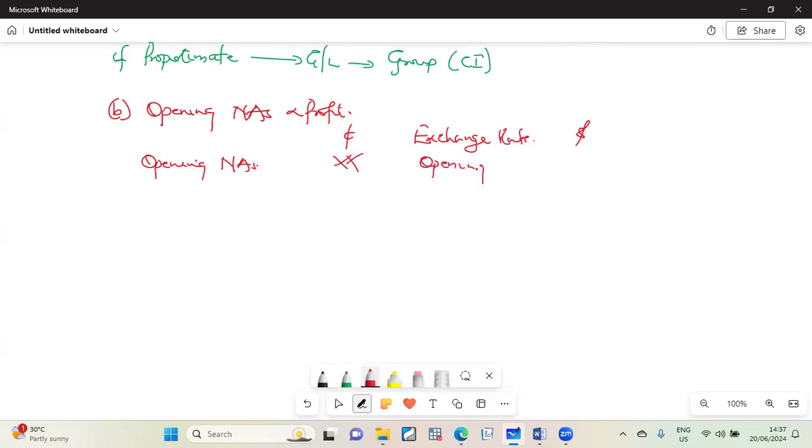Don't forget, if the sub is purchased mid-year, then what is going to happen? The opening asset is the acquisition net asset, and you have to use the opening rate, which is the acquisition rate, i.e. the spot rate, if it is bought mid-year. So just as I did on the other side, you use the opening rate to translate.